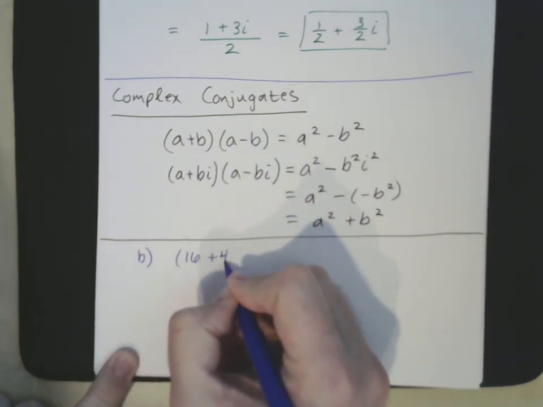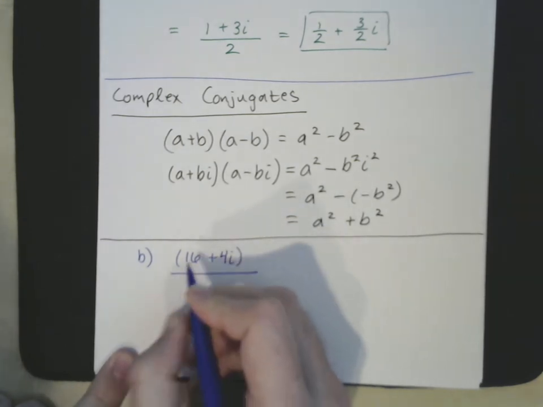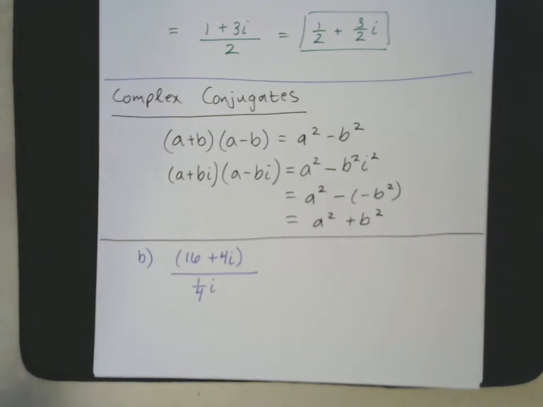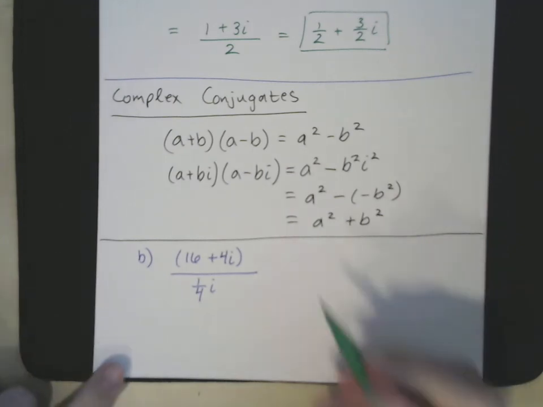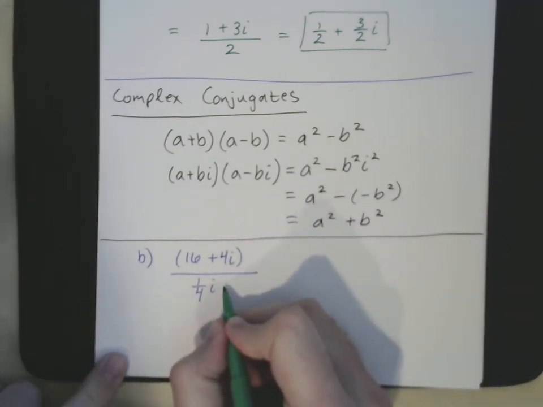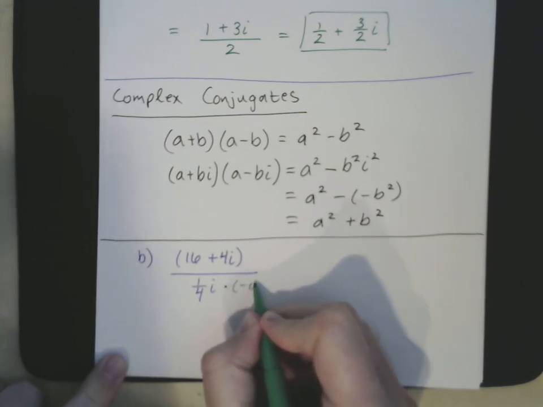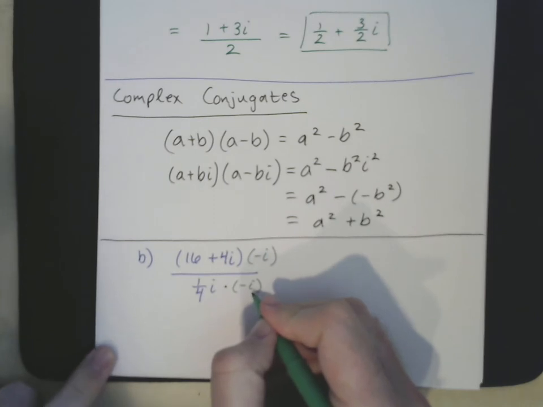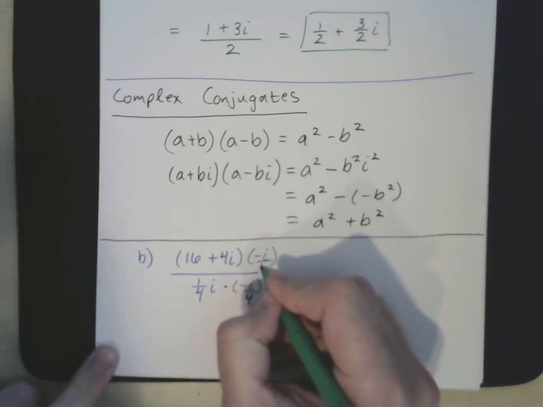So let's try part B here. We'll do 16 plus 4i over 1/4 i. So our conjugate here is negative i. This should be over 4 over 4.